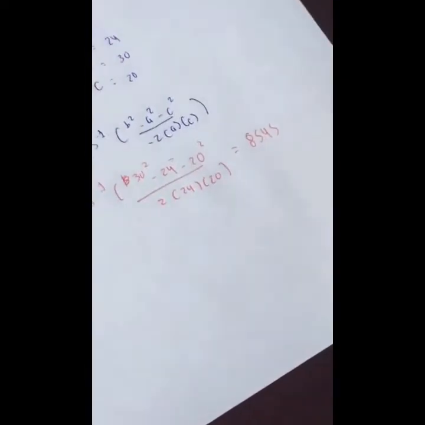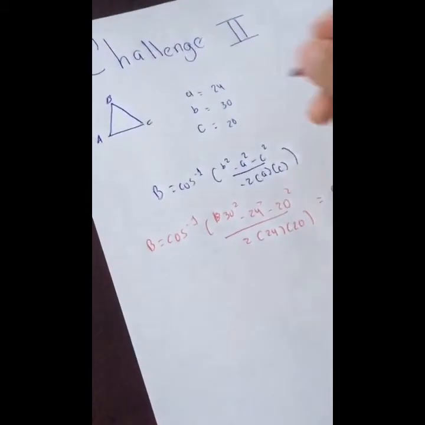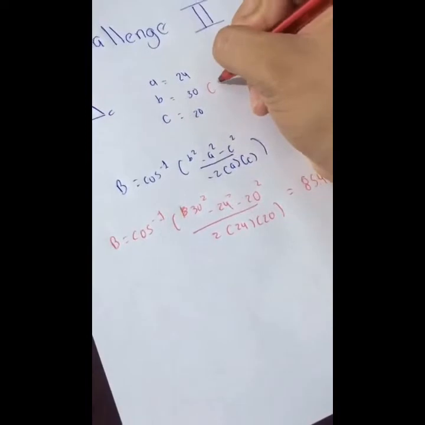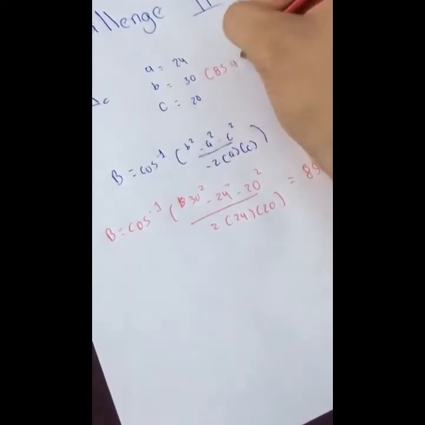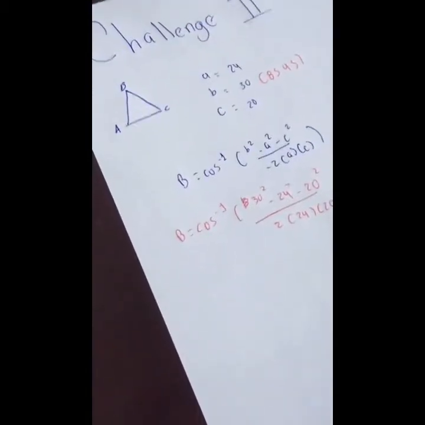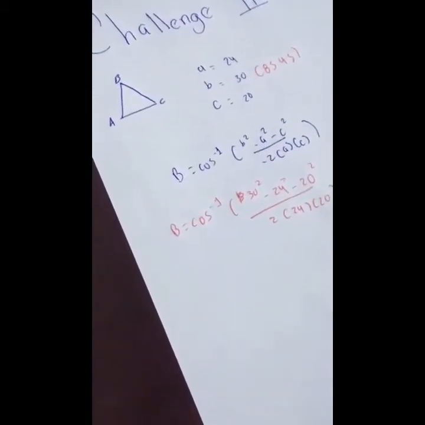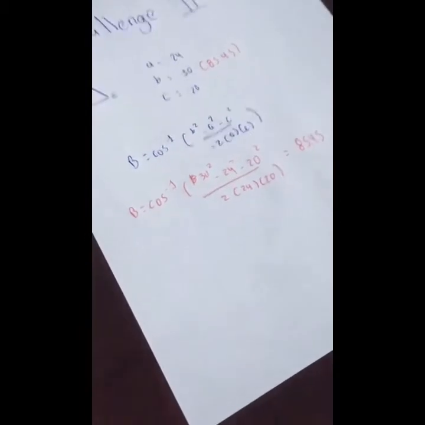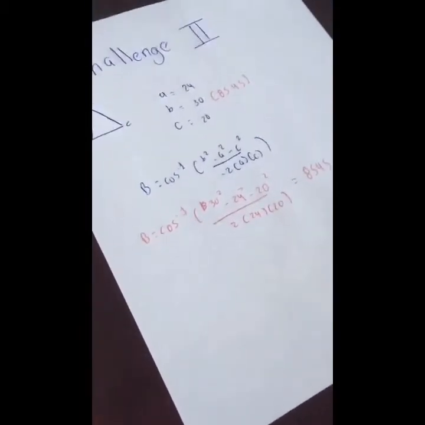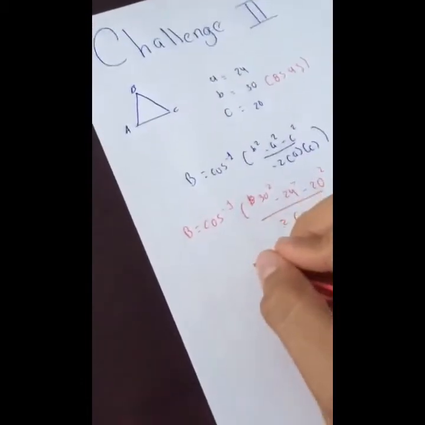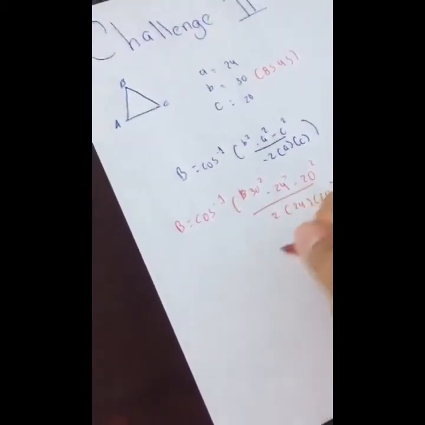Okay, we found the value of B. And with this, we're going to use the sine law to find the value of C. And that is all that we're going to do, and we're going to start. Like I said, we're going to use the sine law.